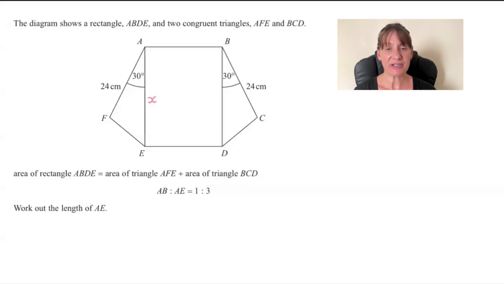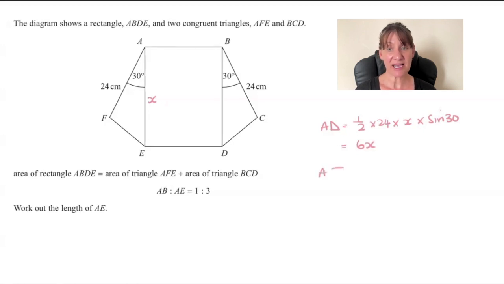I also know that the area of a triangle is a half ab sine C. Now I can use that formula along with the information in my diagram to come up with an expression for the area. So I've got a half times 24 times x times sine 30. When I put all the numbers into my calculator, I will end up with 6x.